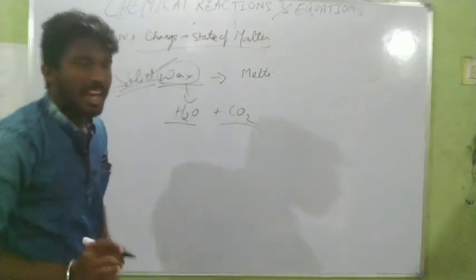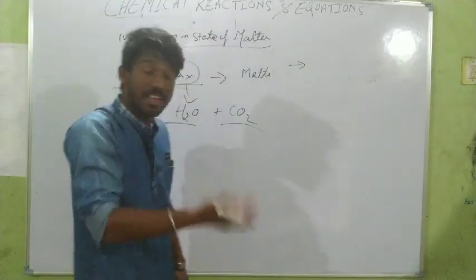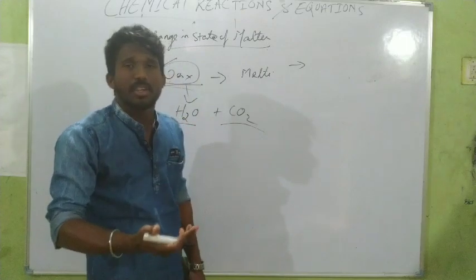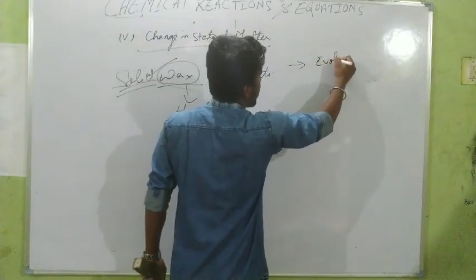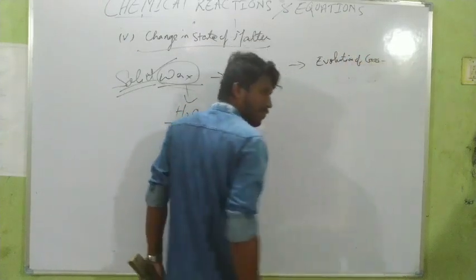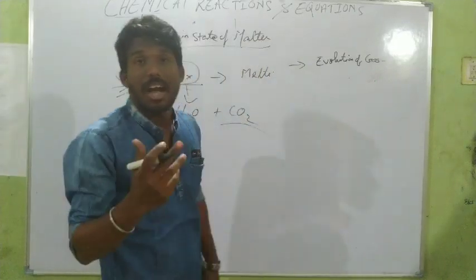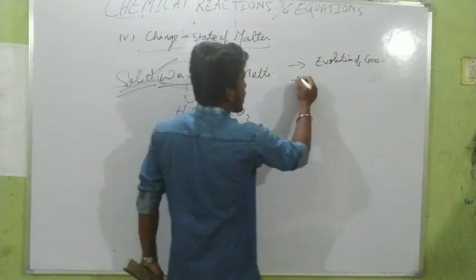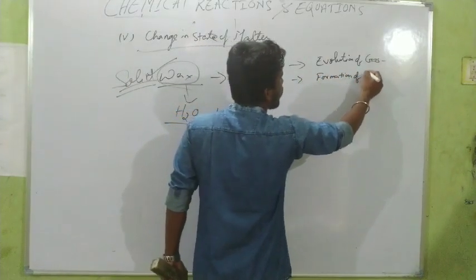So basically, I have given you a basic idea about what chemical reactions are and how you will know that a chemical reaction has taken place. If there is evolution of gas, I have given an example of zinc and hydrochloric acid where hydrogen gas was being evolved. Secondly, formation of precipitate.